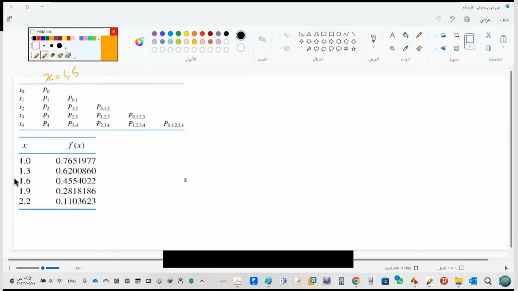So where is this? See here, x equals 1.5. So this is x0, right? x0, x1, x2, x3. So it is between x1 and x2.